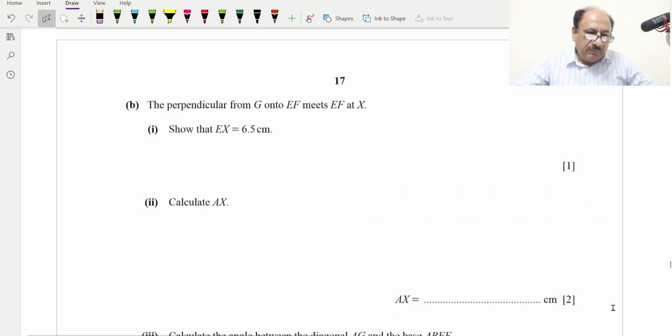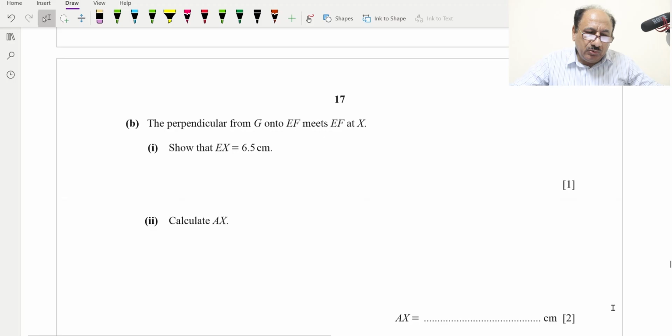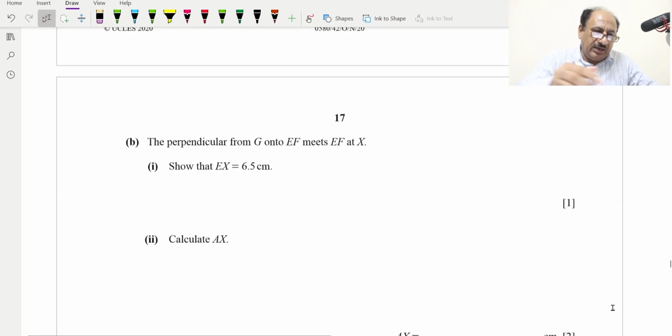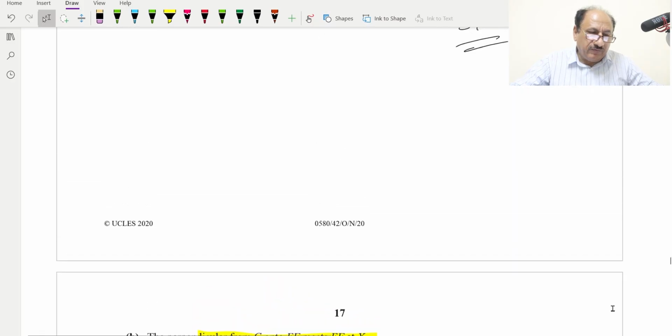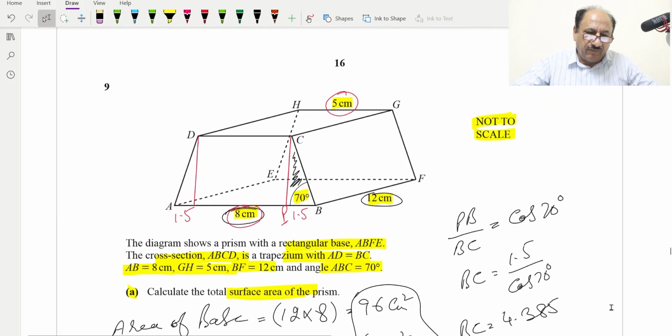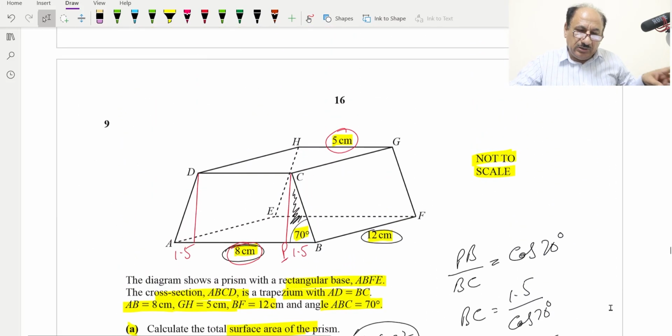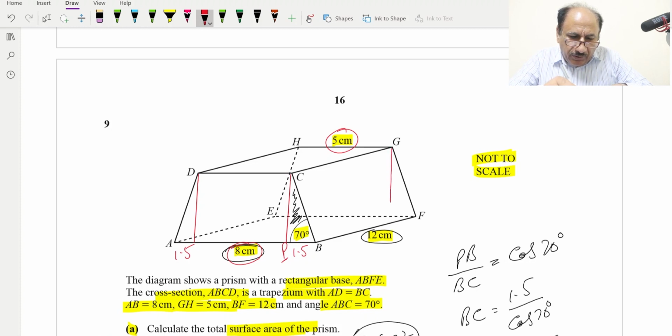Now next they are saying the perpendicular from G onto EF meets EF at X. So perpendicular is meeting at X. Show that EX is equal to 6.5. So perpendicular from G onto EF, if we draw, this will be the perpendicular, and we have already checked this is 1.5.